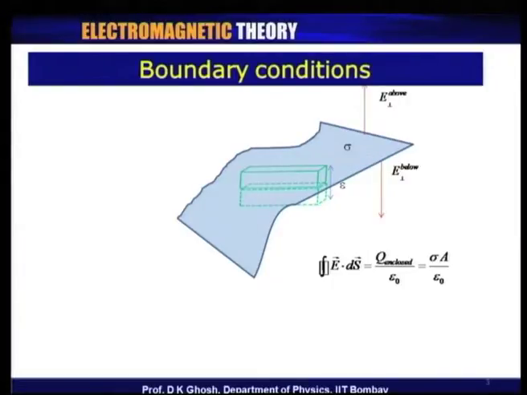Because the area of the top surface or bottom surface is A, and this sheet is without any thickness, and the charge density is sigma, the amount of charge enclosed by such an intersecting parallelepiped is just sigma times A. So, integral E dot ds is sigma times A, and let us look at how to calculate this flux.